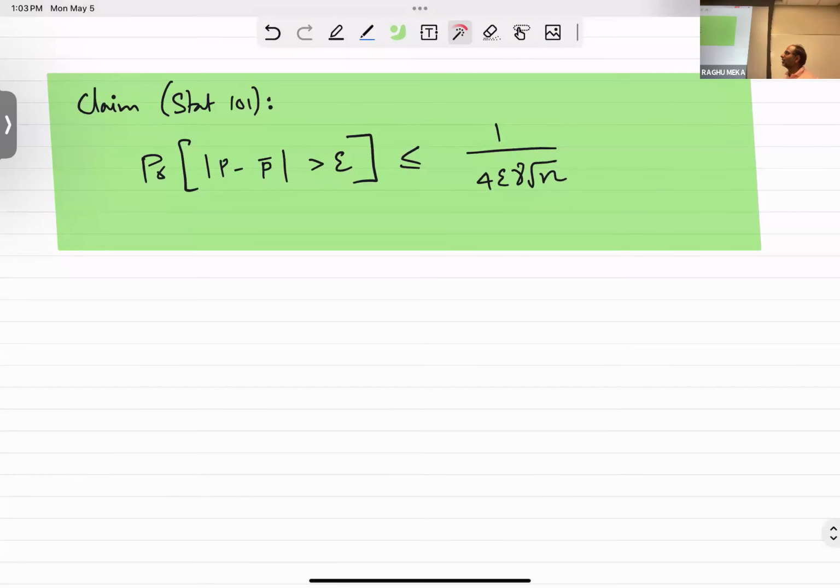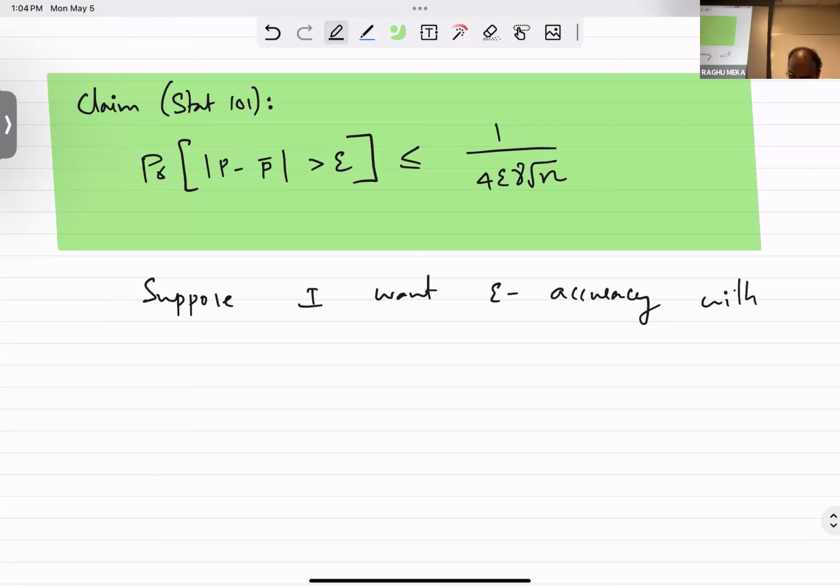All right. So in particular, suppose I want epsilon accuracy with at least 75% chance. Okay. There are two parameters here. There's the accuracy that I desire and the confidence that I have that I will get that accuracy.